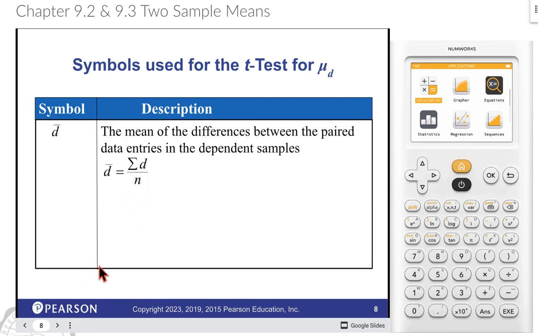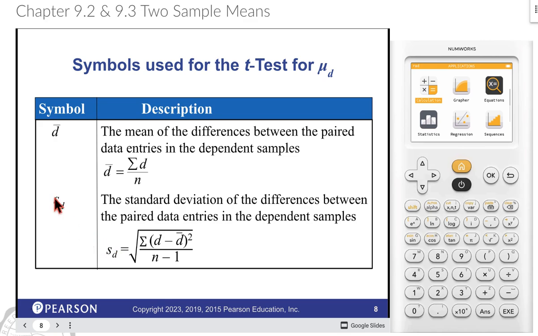Okay. So we get our mean of the differences. Again, add all the differences together, divide by the sample size. We're going to need a standard deviation of these differences, which would be calculated with this formula. And again, what this is doing is taking the average difference, subtracting it from each individual difference.